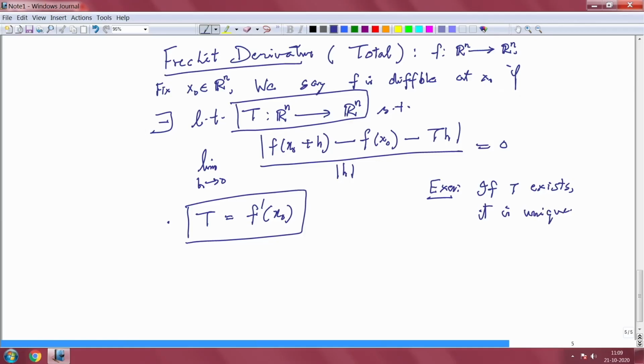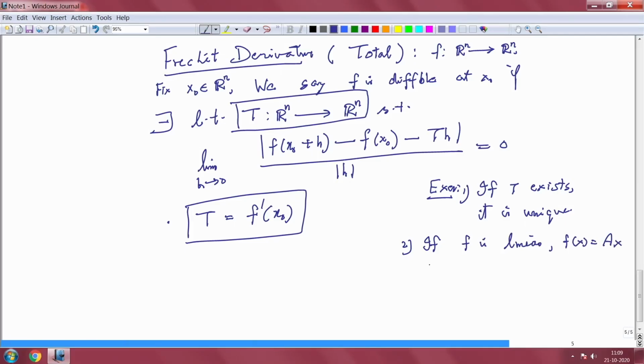Secondly, suppose f is linear, that is f of x equal to A x.